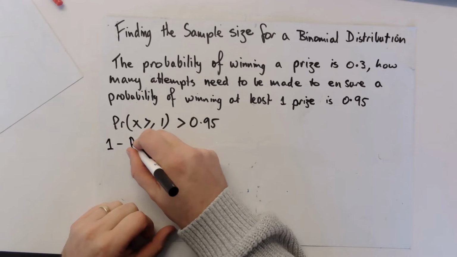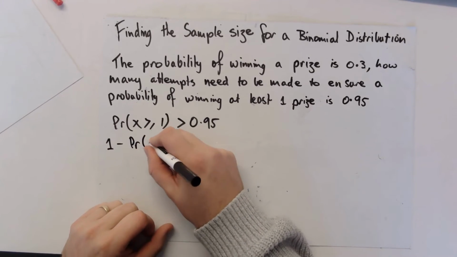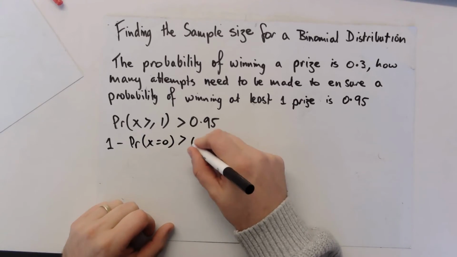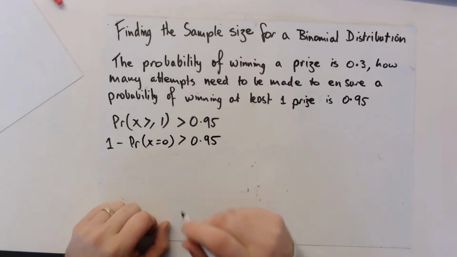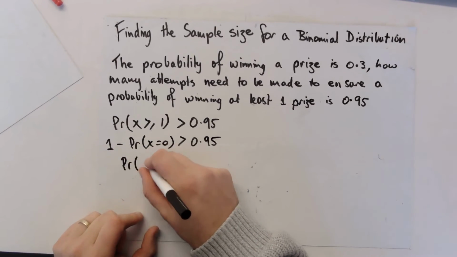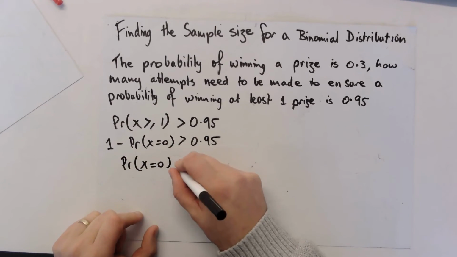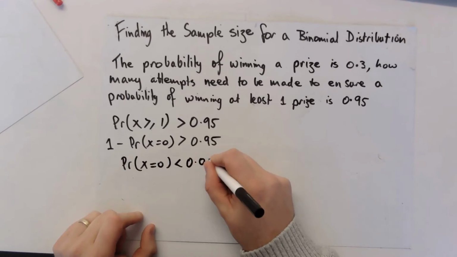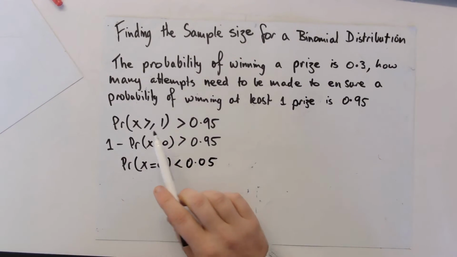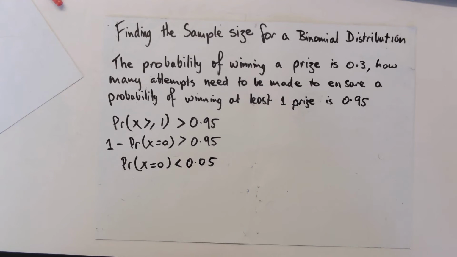So we're going to do 1 minus the probability that x equals 0, so not winning a prize, and that's still going to be greater than 0.95. Rearranging this, the probability of not winning a prize, you want that to be less than 0.05. Same way of saying this thing. So the probability of winning at least one prize being greater than 0.95 is the same as saying the probability of not winning a prize is less than 0.05.